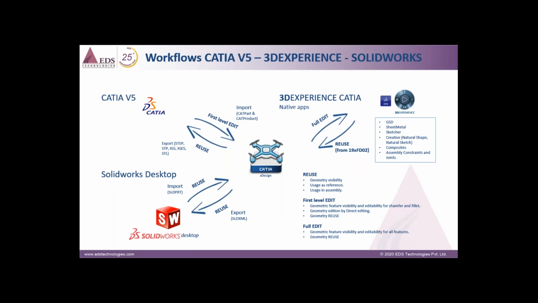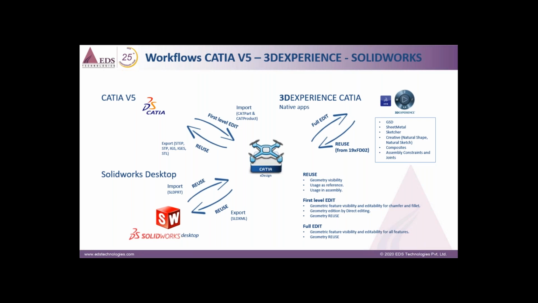This is the workflow, in a generic way, between CATIA V5, 3D Experience and SolidWorks. There might be a few questions: if we already have CATIA V5 or SolidWorks native data with our own defined components, can we import and enhance the existing design?